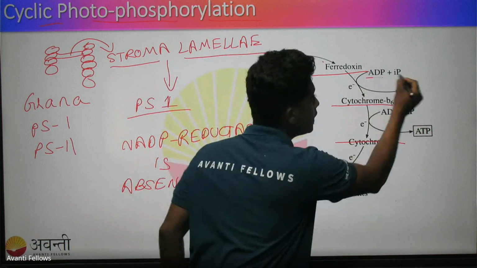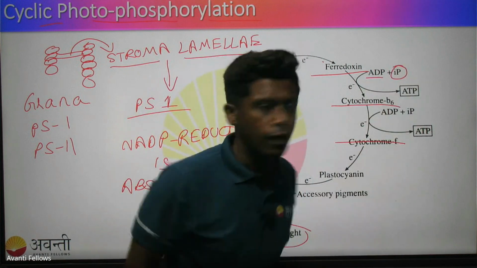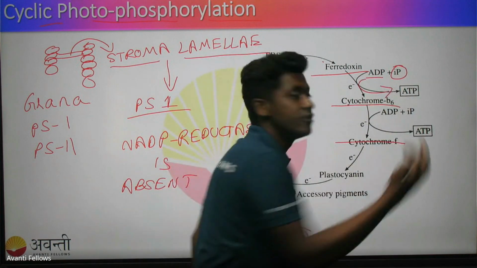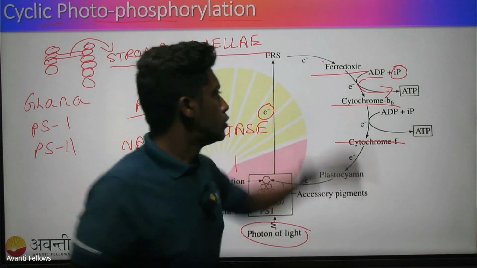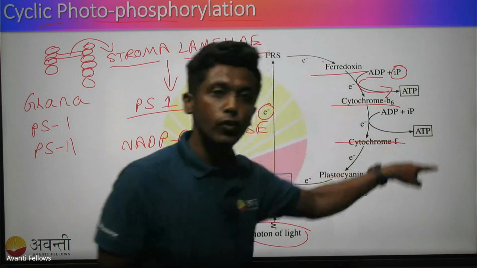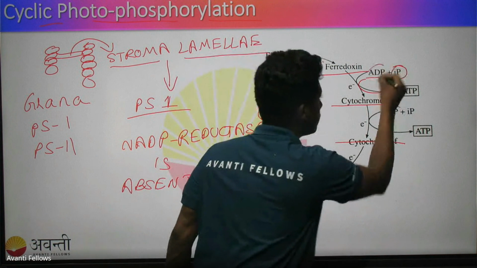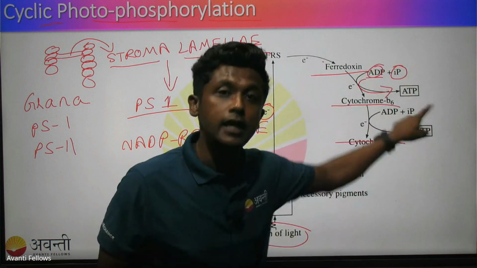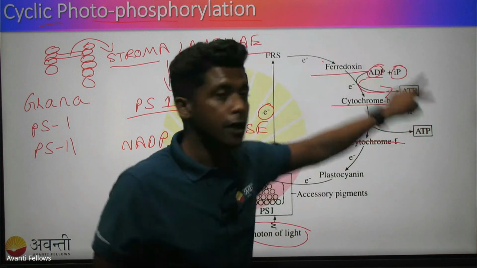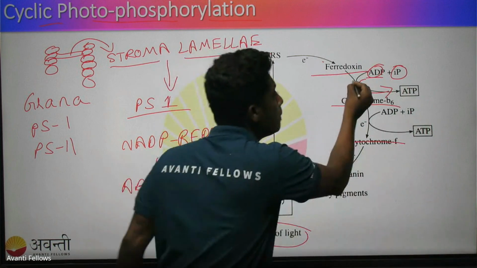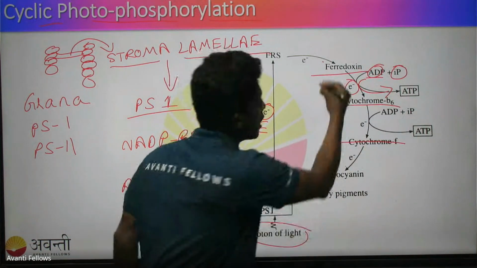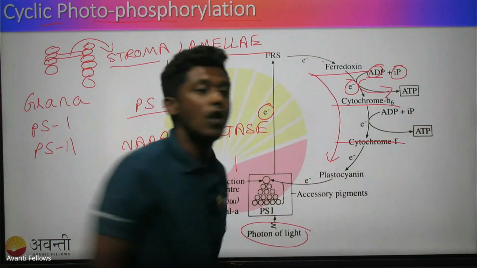The ADP is added a phosphate to convert into ATP, which is the energy currency. So this currency of molecules is created by phosphorylation of ADP into ATP, with the help of these electrons which are moved through these electron acceptors.